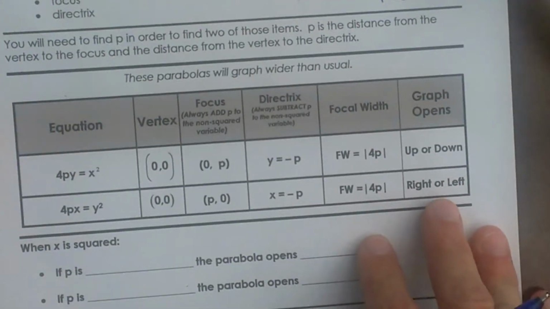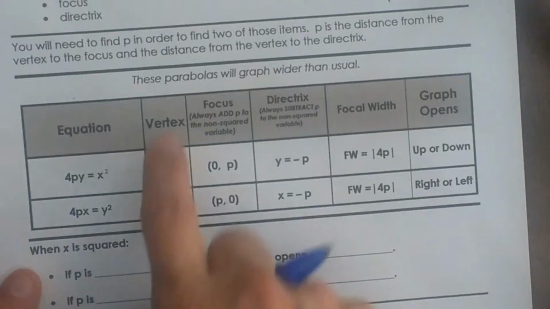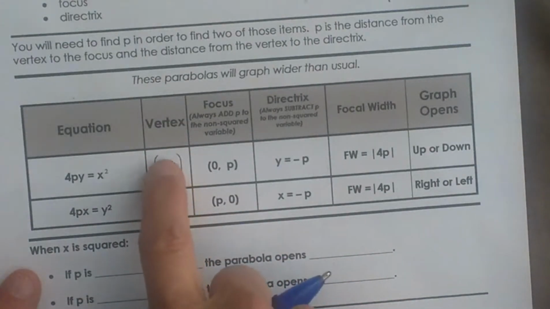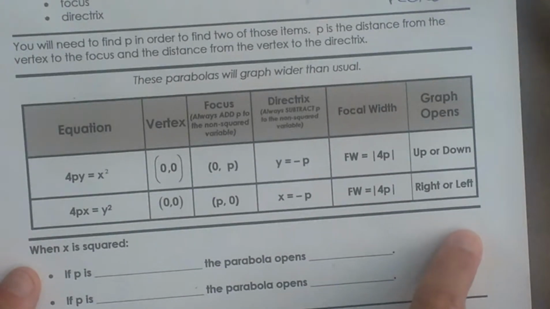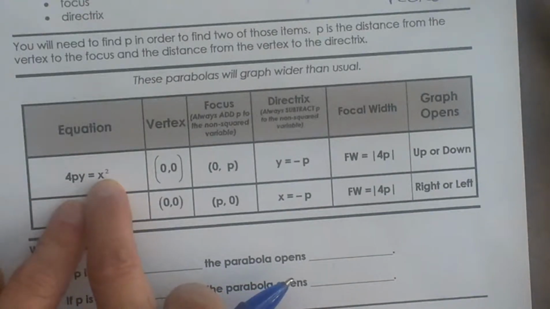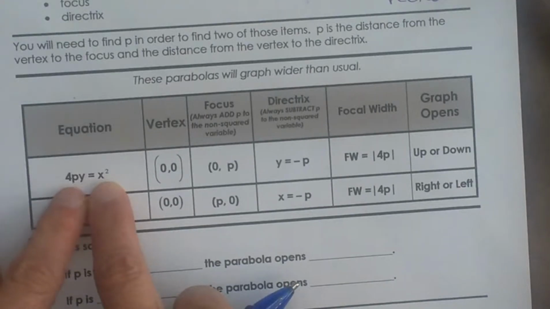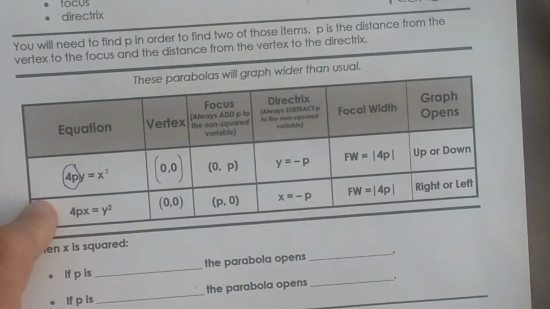So here's our equation, and right now we're starting with really simple ones. All of our vertices are going to be at (0, 0). So this lesson is just (0, 0) as the vertex. Next lesson, we're going to shift it off the origin. Okay, so if x is squared, then we're going to have the equation x squared equals 4py. Now this 4p is going to be a coefficient, and we're going to solve for p using that.